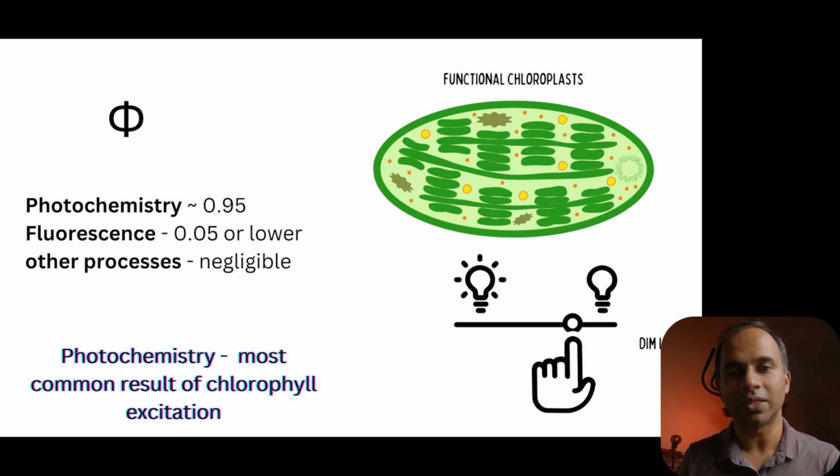Because there are 4 processes competing for this energy, and among them, photochemistry, the most important for us, is going to have the highest efficiency, turning into a quantum yield of 0.95. So that means this is one of the very efficient reactions you see in nature. I hope it is clear.